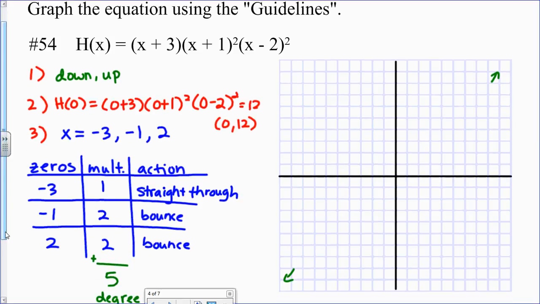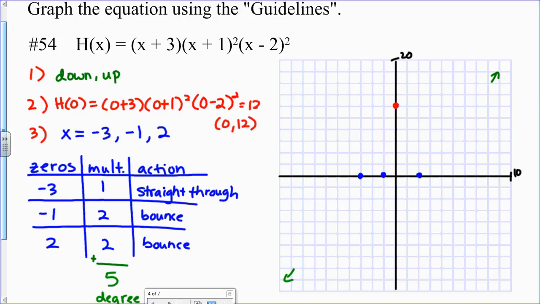I'm going to do ones on the x, but I'm going to do 2's on the y, count by 2's. All right, so my y-intercept is 0, 12. Okay. -3, -1, and 2. Okay.